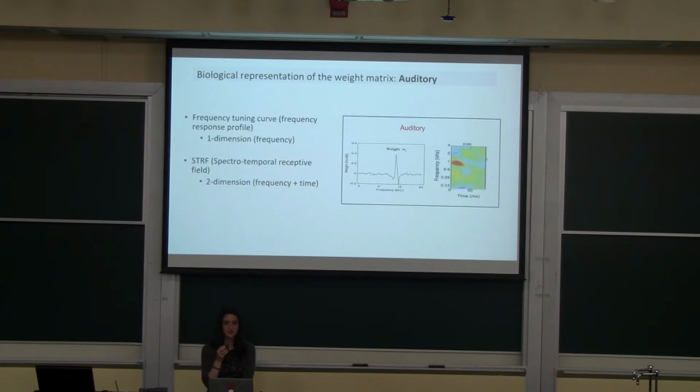So the next topic that Dr. Zhang covered in the second midterm material is what this weight matrix actually means biologically. This is linked to the topic of receptive fields. In the auditory system, the weight matrix in one dimension is just the frequency: the optimal frequency of a neuron, and then what its connection weight is based on the neuron's preference, essentially.